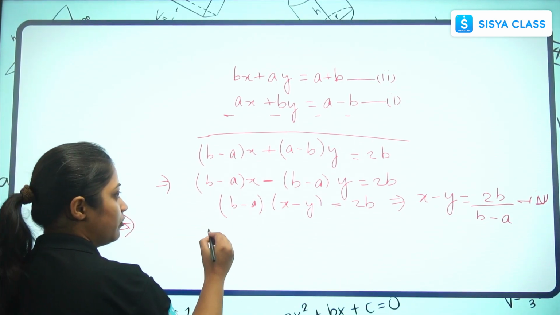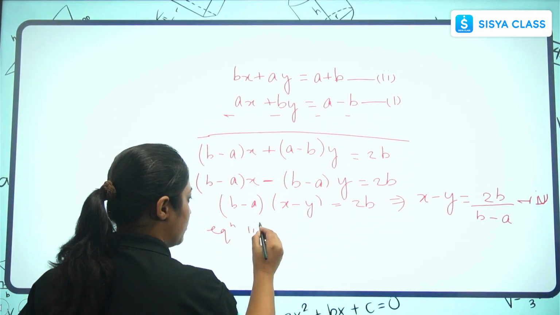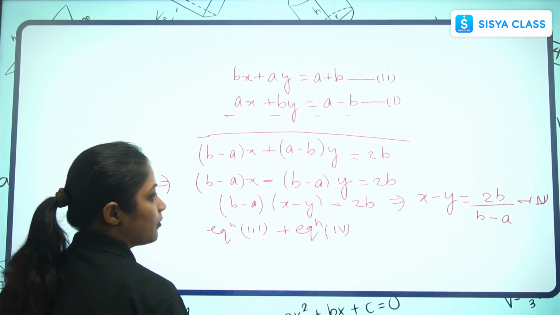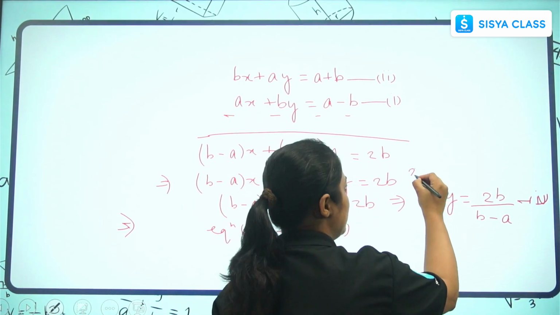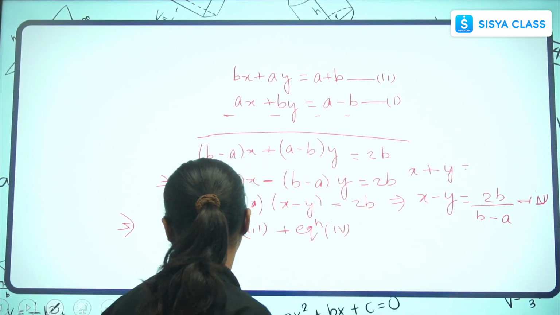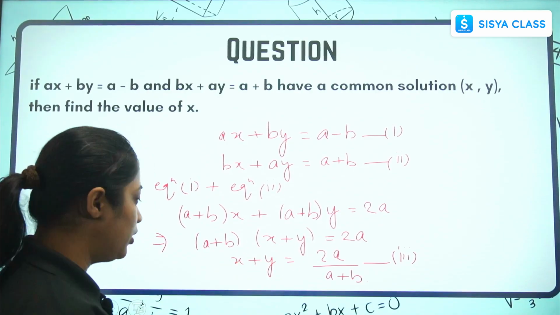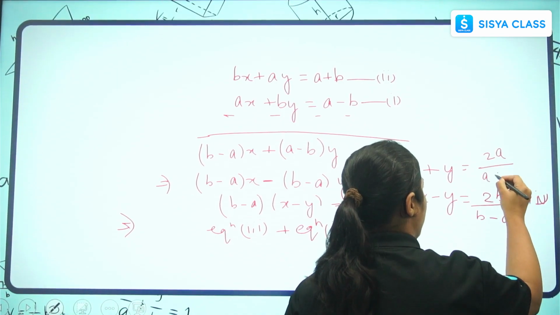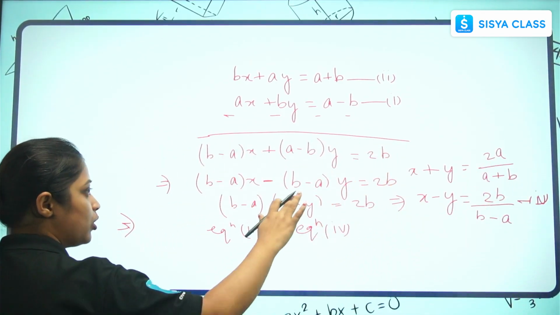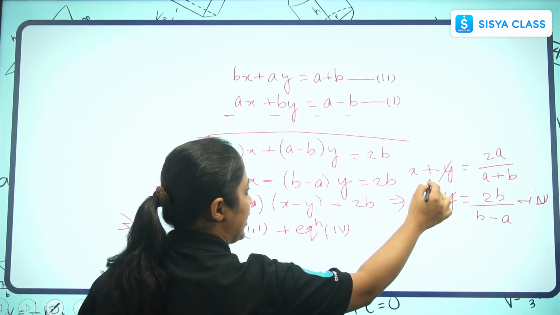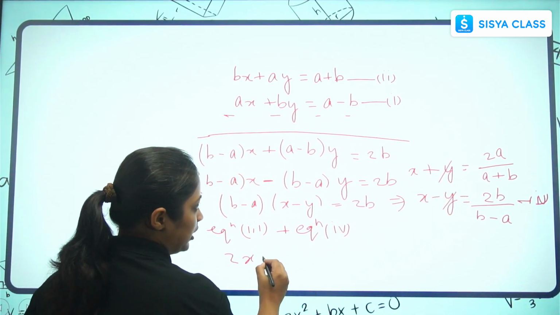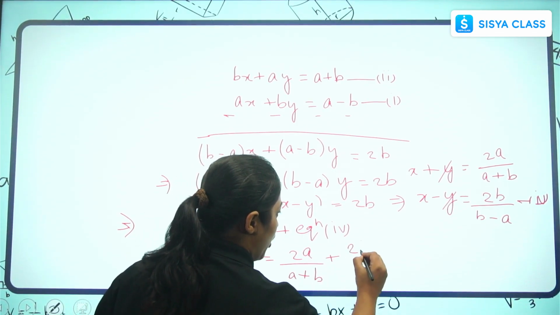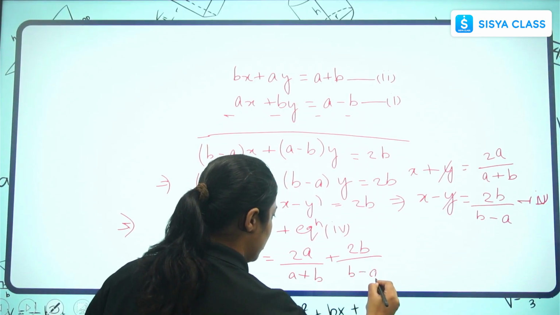Now let's add both of these, equation 3 with equation number 4. So let's write equation number 3 here, that is x plus y equal to 2a upon a plus b, okay? Now add these equations. So after adding, y with y cancels out, and you will get 2x equal to 2a upon a plus b plus 2b upon b minus a, right?